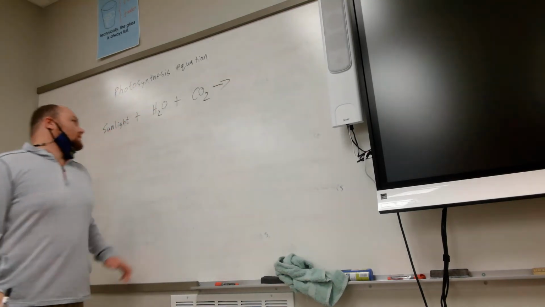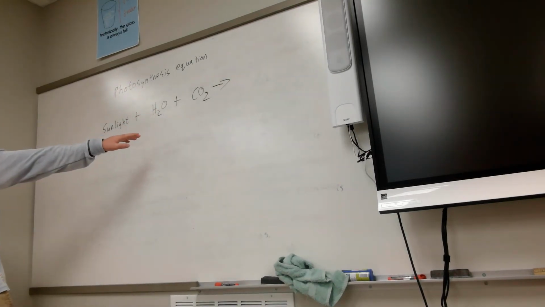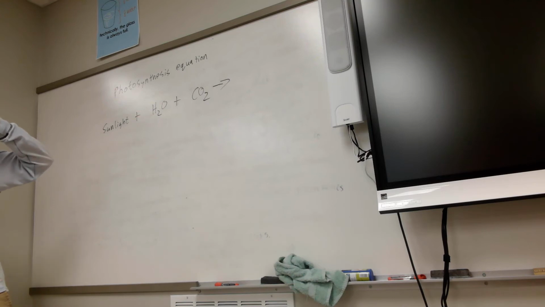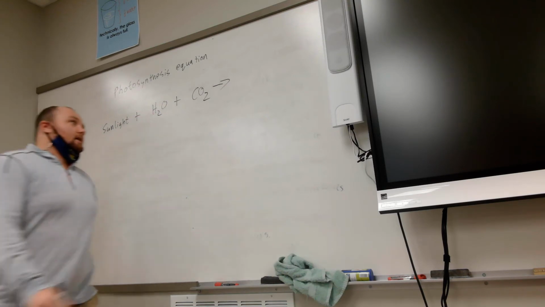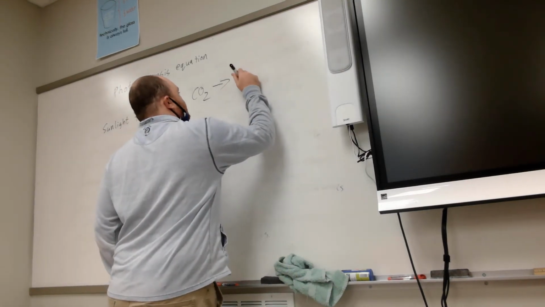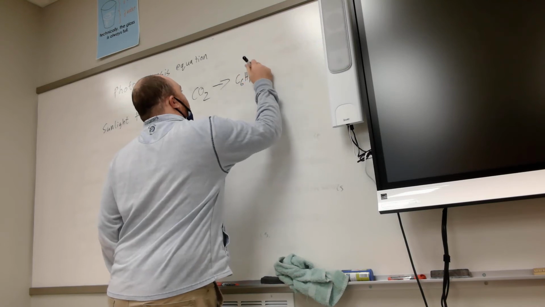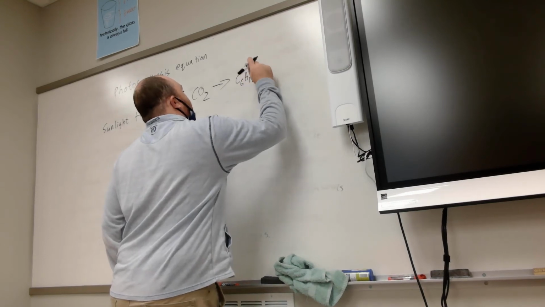Now, using those 3 things, what are we going to make? We're going to make 2 things. Energy in the form of glucose. Okay? And glucose, C6H12O6. Okay?